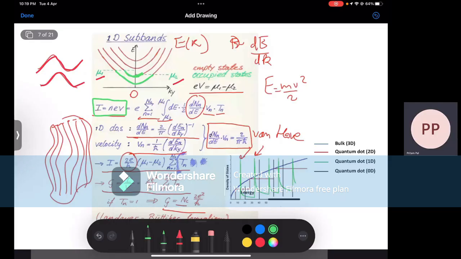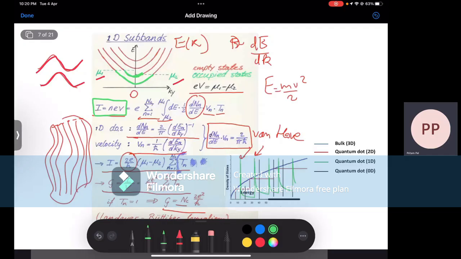We certainly know all of these things. Let's put the electron charge outside the bracket. Here is the sum over the transverse subbands. We are going to do the calculation separately in each subband, and then add it up.